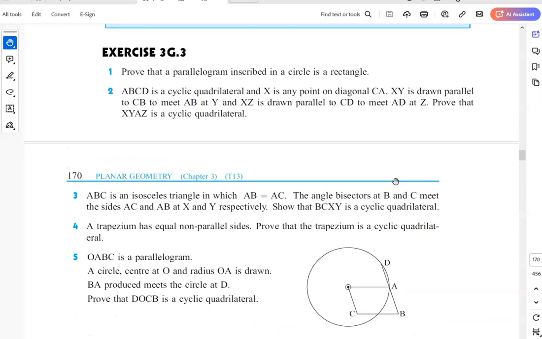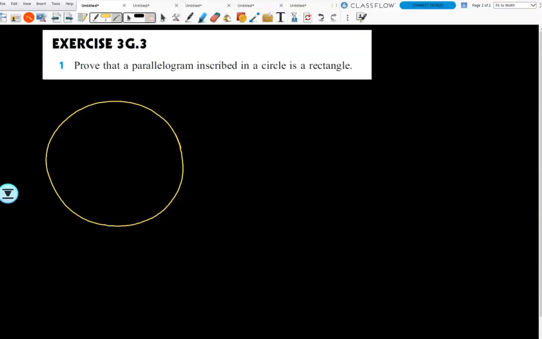We're going to start. Prove that a parallelogram inscribed in a circle is a rectangle. Oof. Prove that a parallelogram inscribed in a circle is a rectangle. So the first thing we have to do is, well, it's going to be a bit hard because you're going to try and draw a parallelogram.